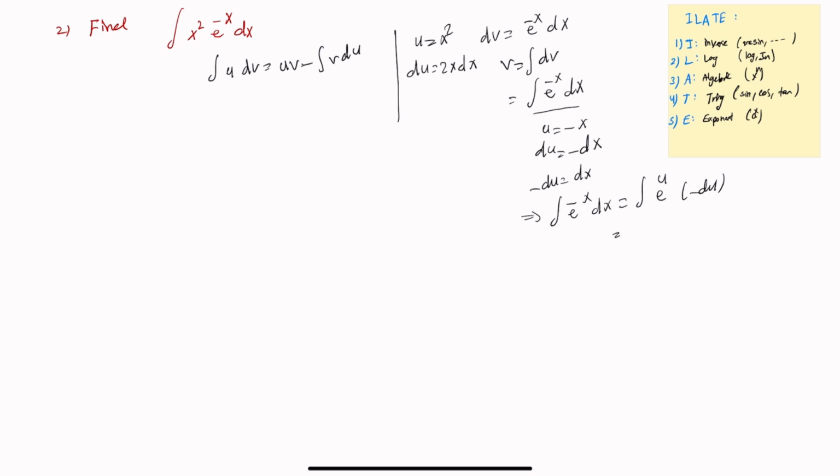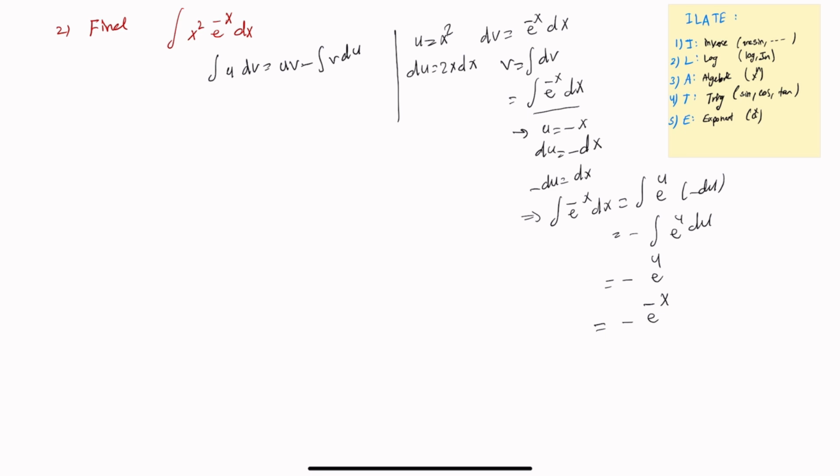Now I'm gonna pull the minus sign out of the integral, and we have minus the integral of e to the u du, and we already know the antiderivative of that. It's gonna be minus e to the u. Now I'm gonna back substitute the value of u, which is minus x, so that's going to be equal to minus e to the minus x.